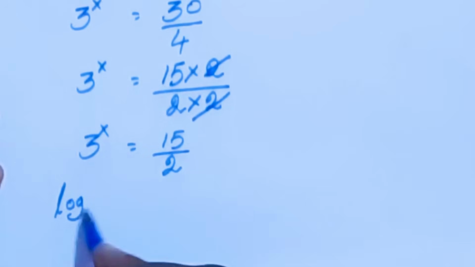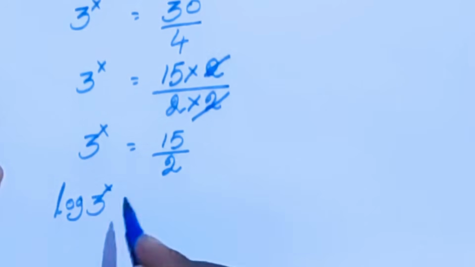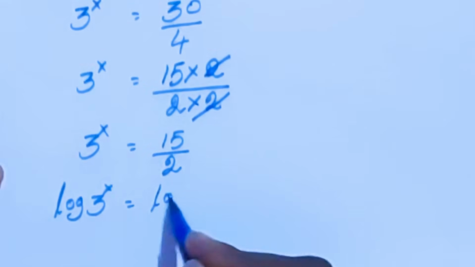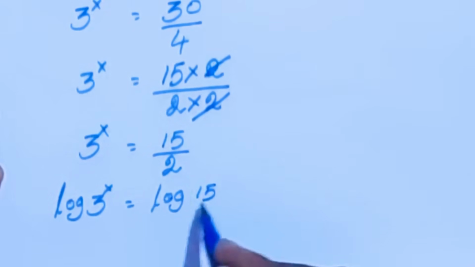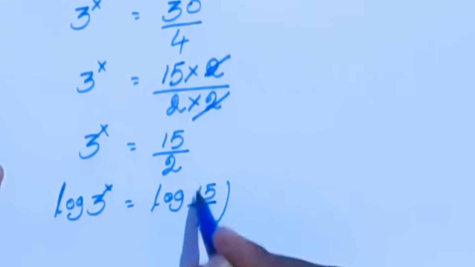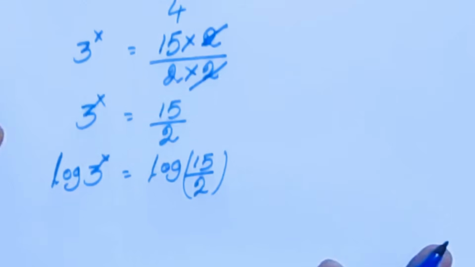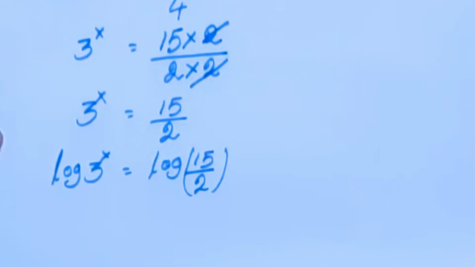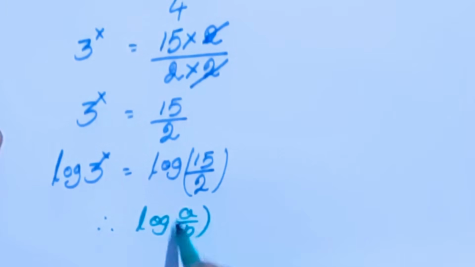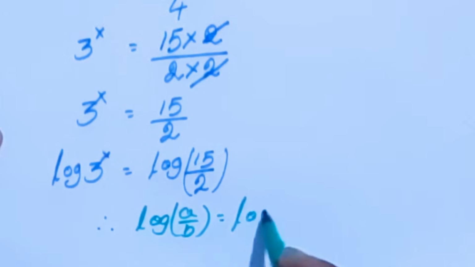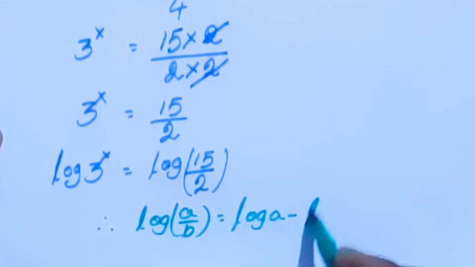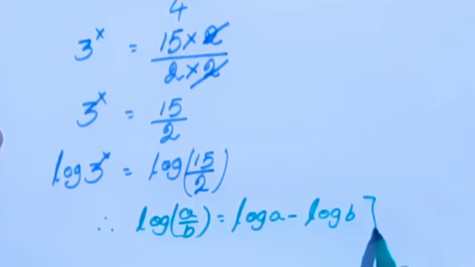So log 3 power x equal to log 15 by 2. Now as per this log formula, that is log a by b equal to log a minus log b, this formula we are going to apply here.